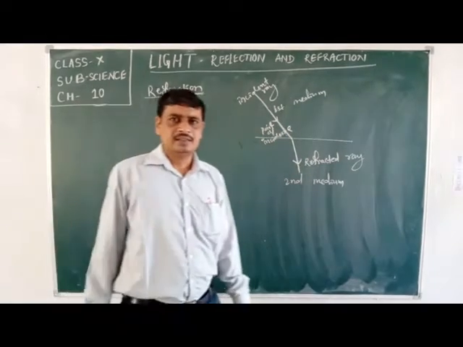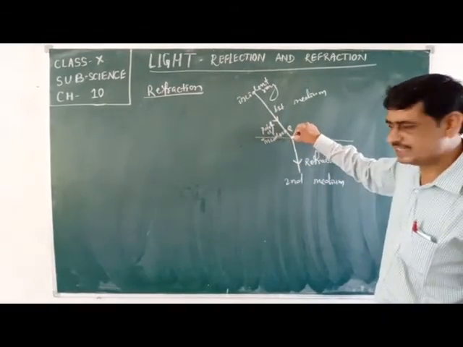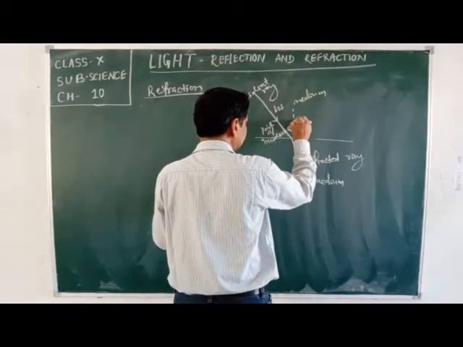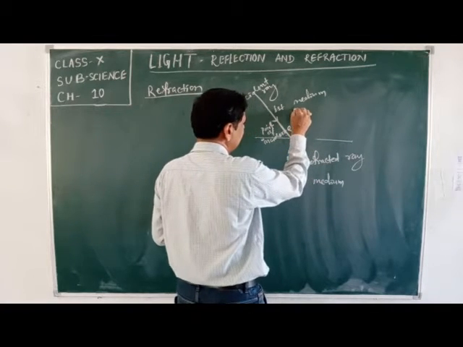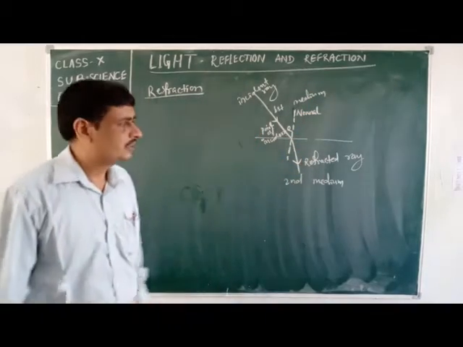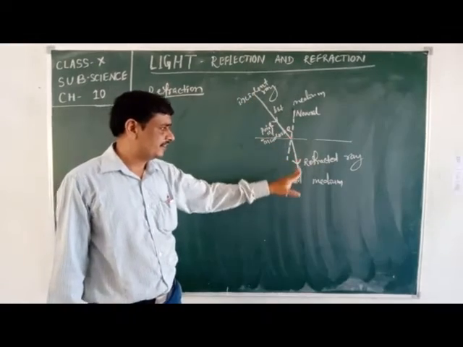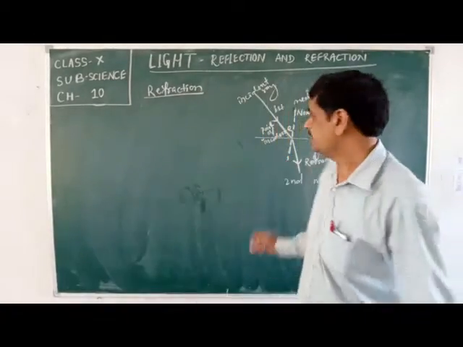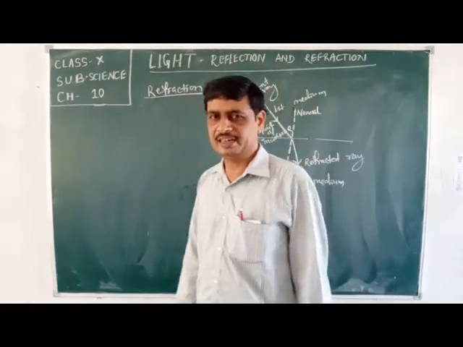If an imaginary line is drawn at this point of incidence perpendicular to the line of separation between the media, that is known as the normal at the point of incidence. So, we will observe the incident ray, refracted ray and the normal at the point of incidence. They all lie at the same point on the line of separation between the media.